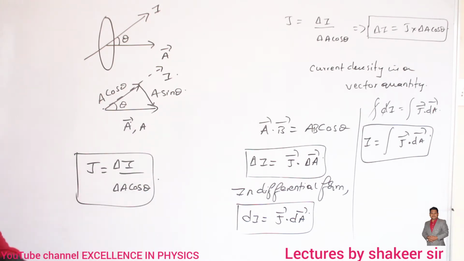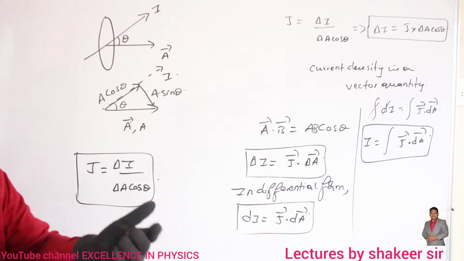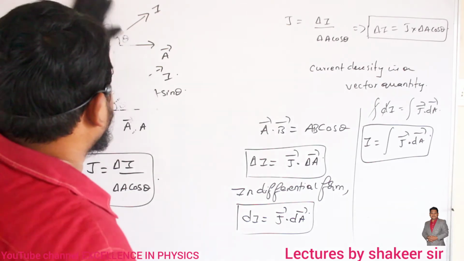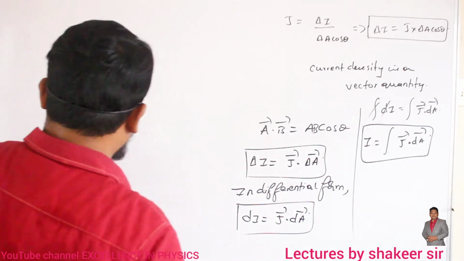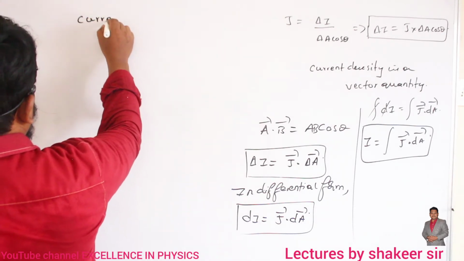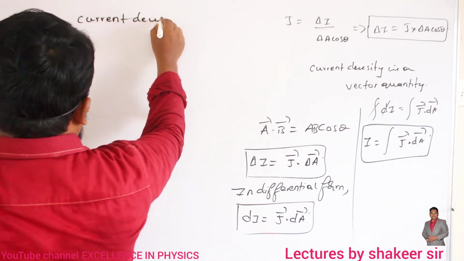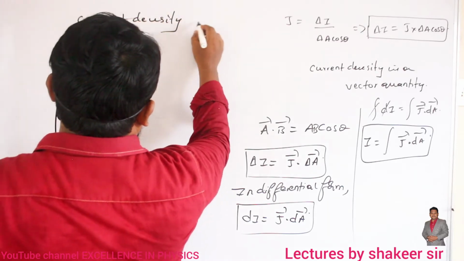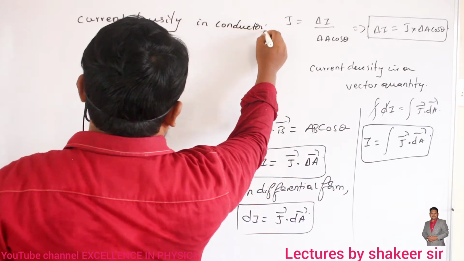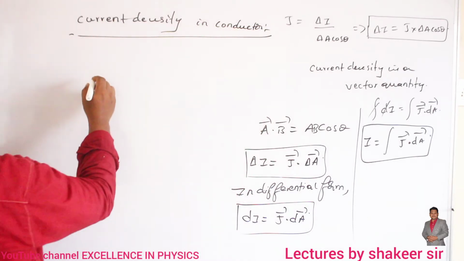So the same relation of current density I can define for conductors also, a conductor which is connected to a battery. Let us see current density in the case of a conductor.